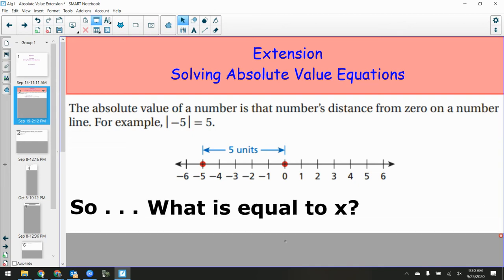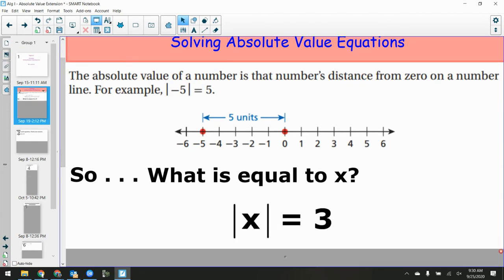So what if I asked you this? What could x be equal to? -3 or +3. This equation really has two different solutions.